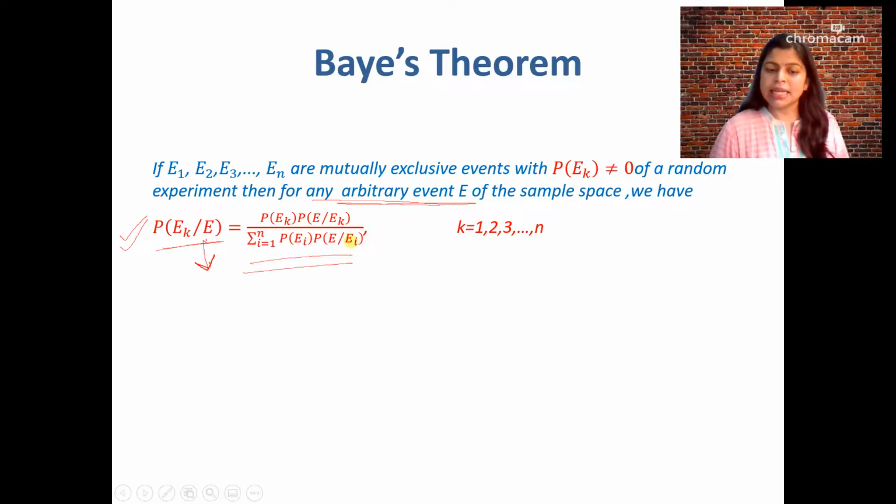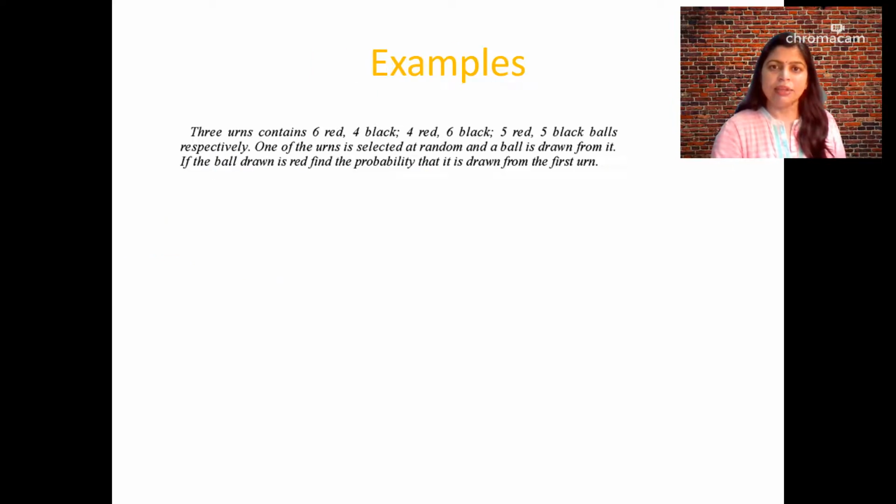I will take two examples here so that you can really apply this theorem, and understand what it means and how to apply it, because it is more convenient to understand with the help of an example.